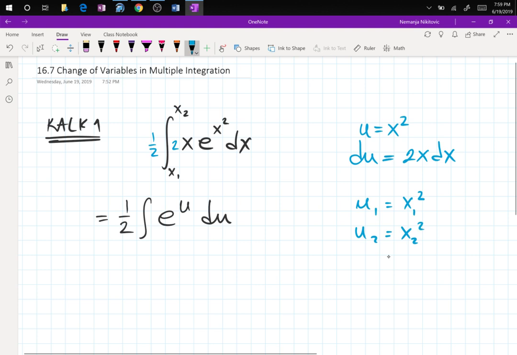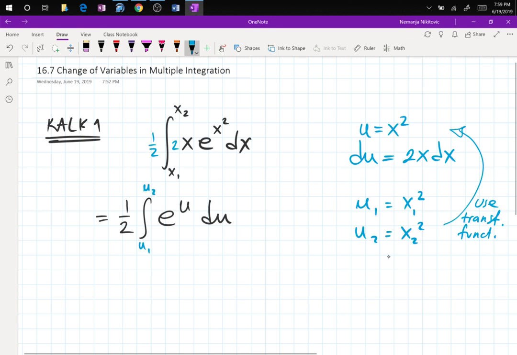So you are using the transformation function to come up with limits. And then these limits become u1 and u2.